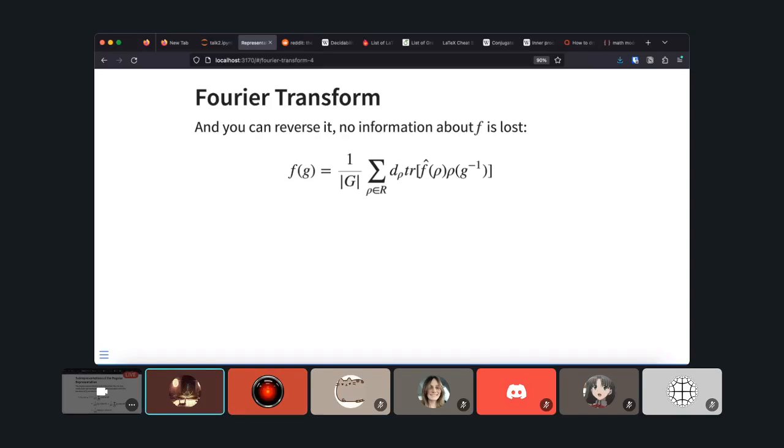When you have an abelian group, the characters are actually a group themselves, and the characters are a map to the circle, so you multiply it enough times, and eventually it comes back.